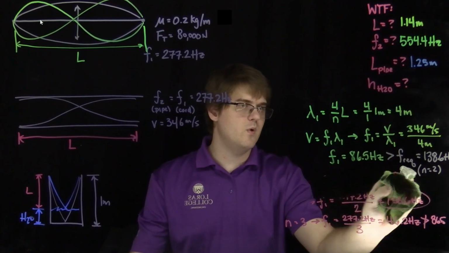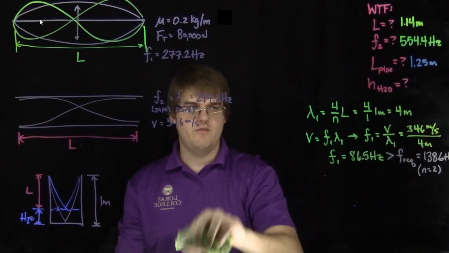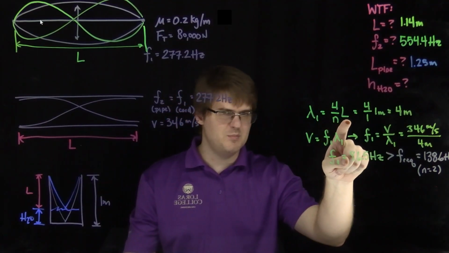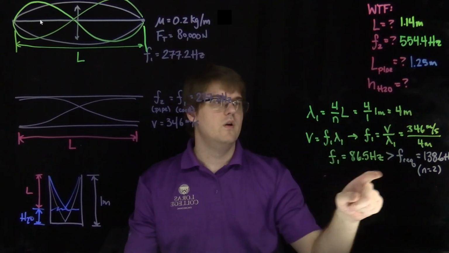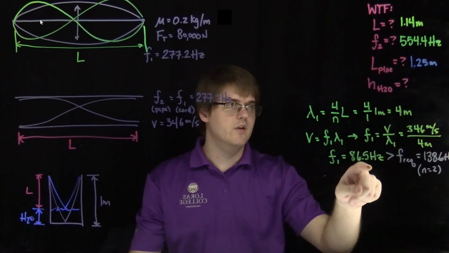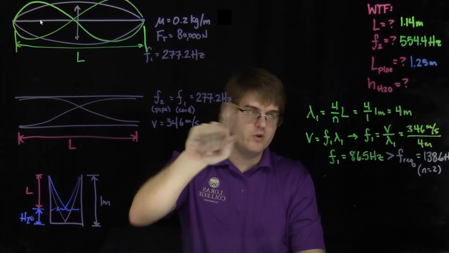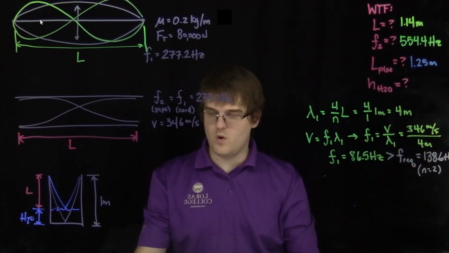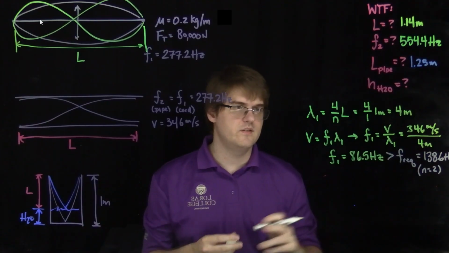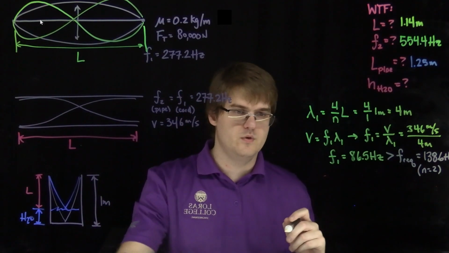Now I am going to figure out what this height has to be. I figured out if that height is 1, it ends up at 86.5. I don't want 86.5. 86.5 is not a harmonic of 277.2. I want it to be 138.6 instead. What does that length have to be in order for that to be true?